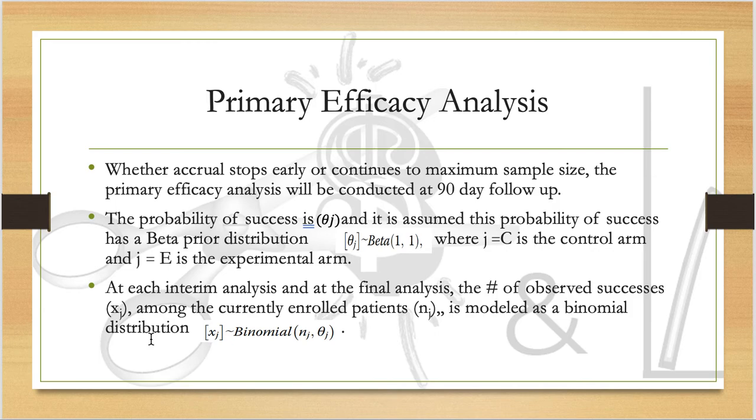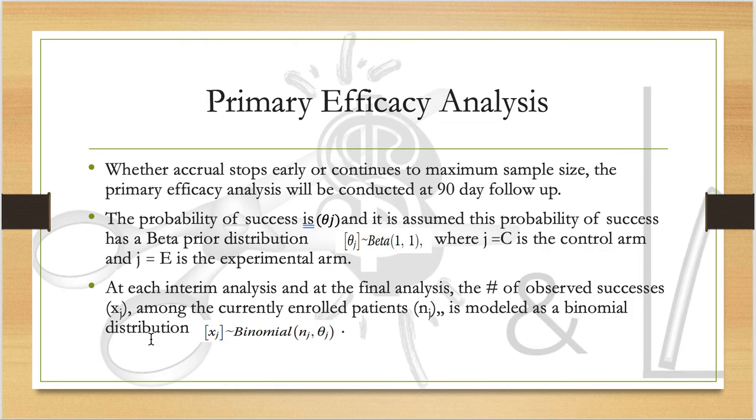And the probability of success is theta j, and it is assumed that this probability of success has a beta prior distribution, theta j approximately equal to beta(1, 1), where j equal to c is the control arm, and j equal to e is the experimental arm.